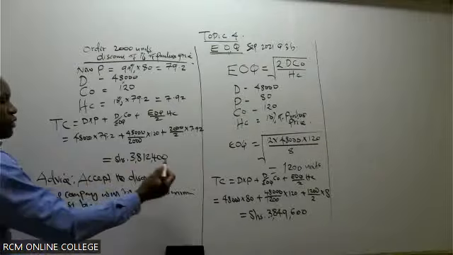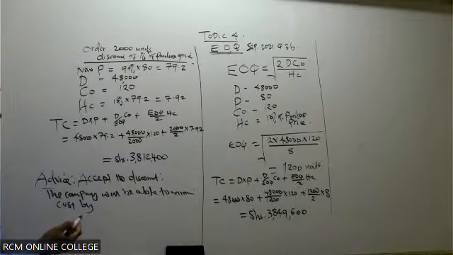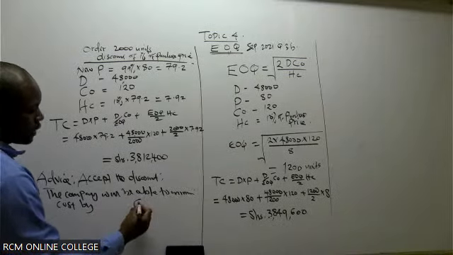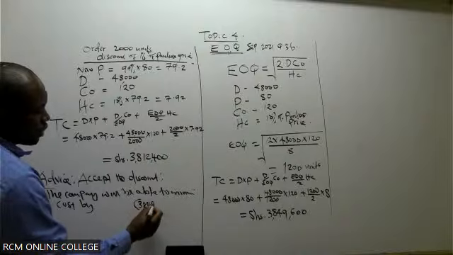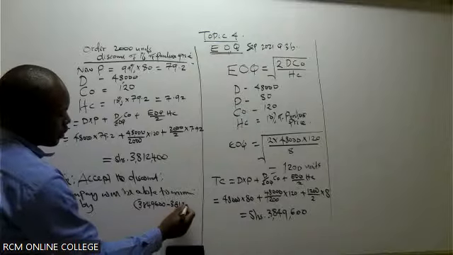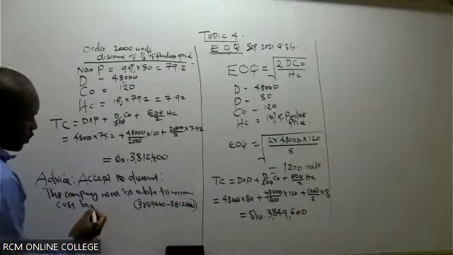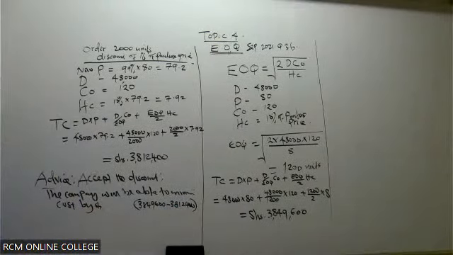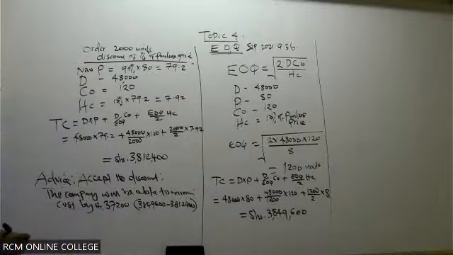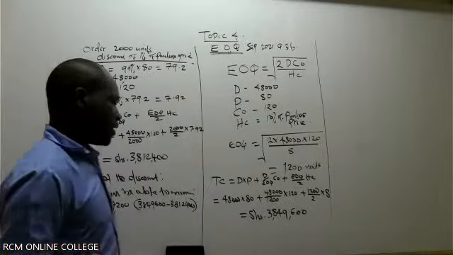So get the difference between these two costs. We'll be able to minimize the cost by, in bracket, 3,849,600 minus 3,812,400. What is this that we are going to get here? The difference, 37,200. So the company will be able to minimize the cost by 37,200.